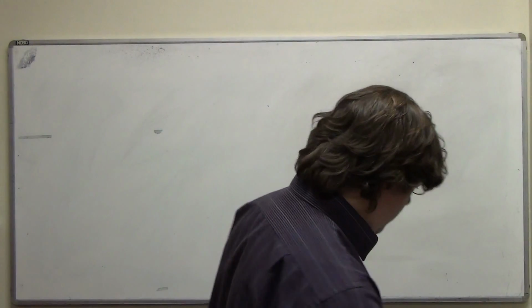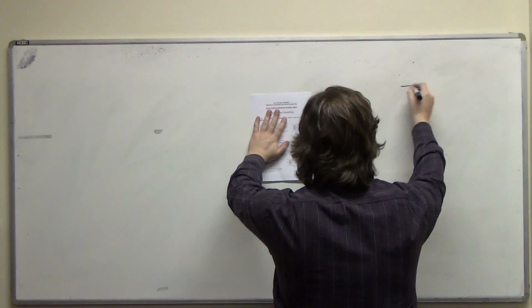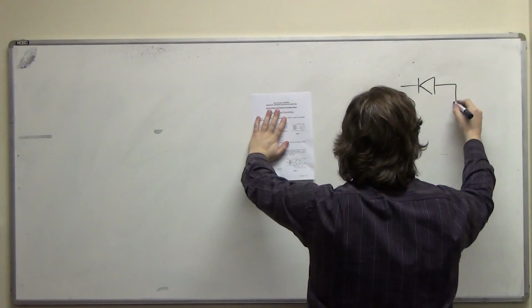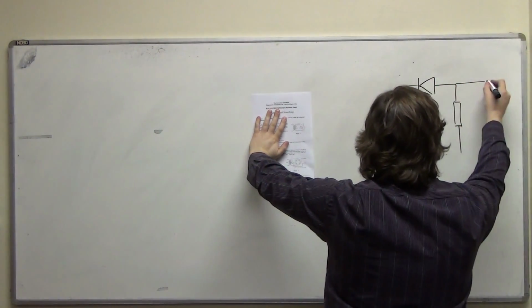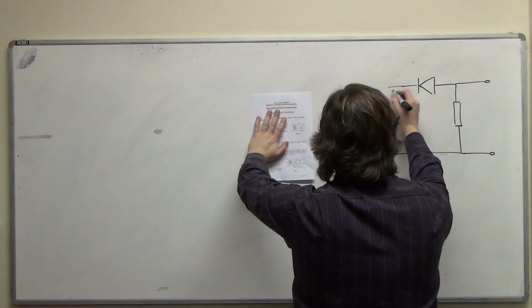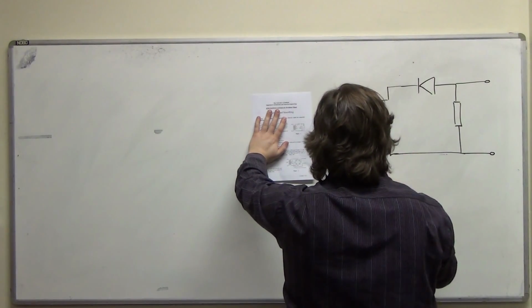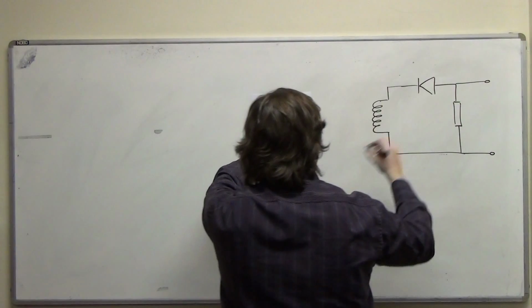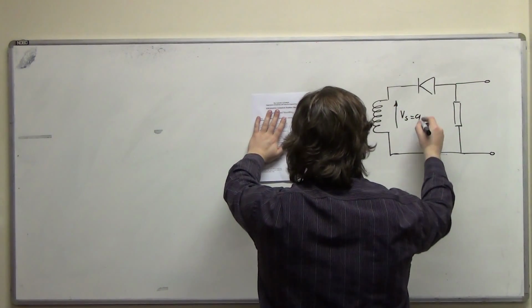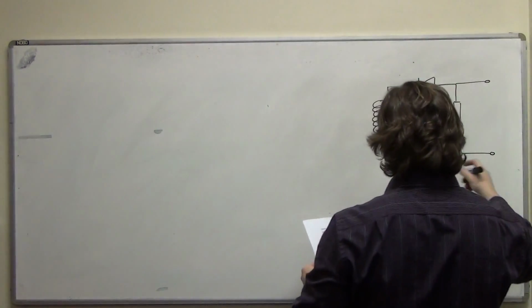So we need to draw out figure 1 again, and I'll do it in black because the poor old blue pen's struggling. And we've got VS is 9 volts RMS, and this is still 100 ohms.